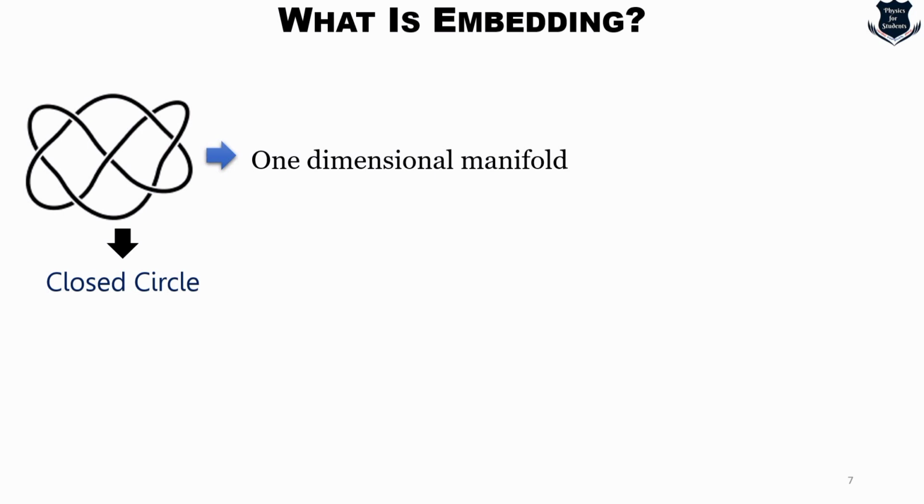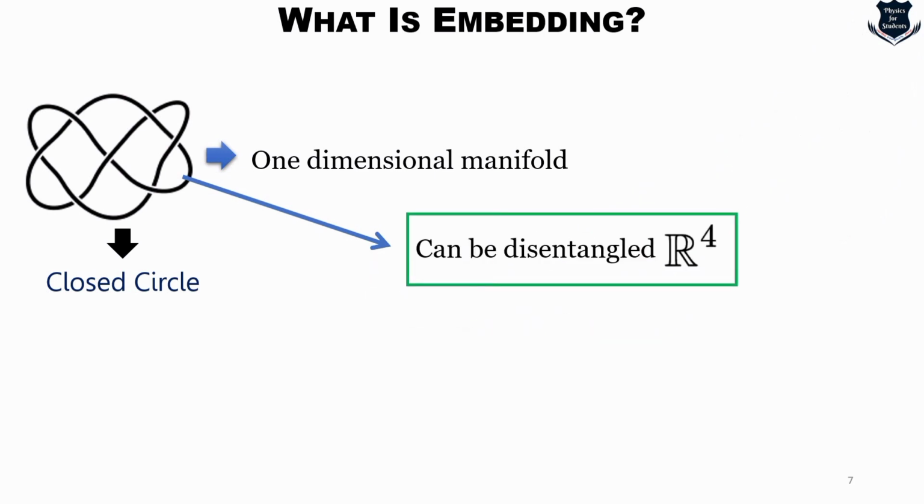So if we want to identify this kind of manifold, the problem of embeddings is much easier than for a circle in R3 if we take it into higher dimensions. For example, all these knots can be disentangled, that means opened up, inside R4, with R3 viewed as a subspace.